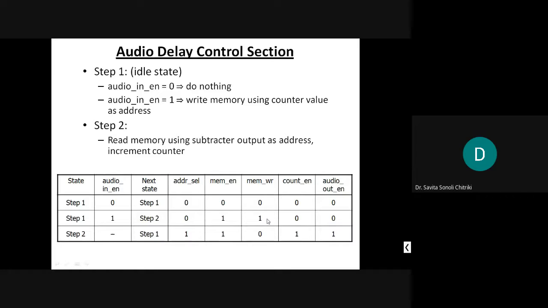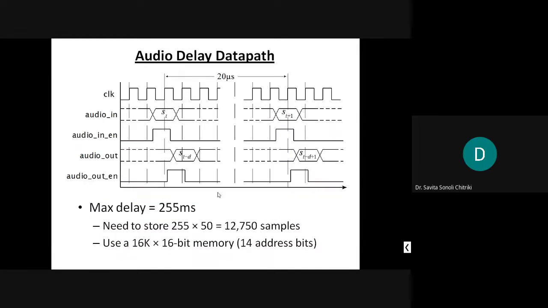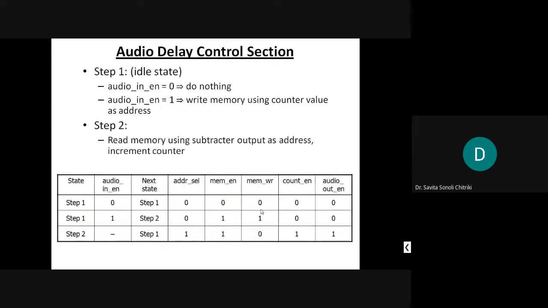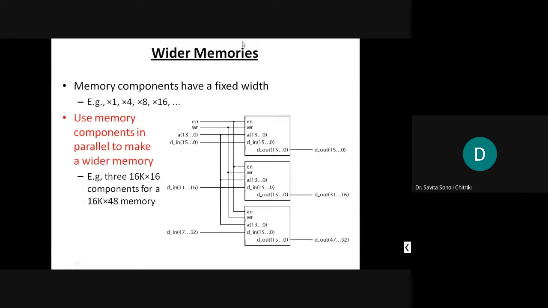Is it clear to you all? Yes, ma'am. Whenever you come for the next class, update all these waveforms and this table and come. We'll go to the next example, wider memories.